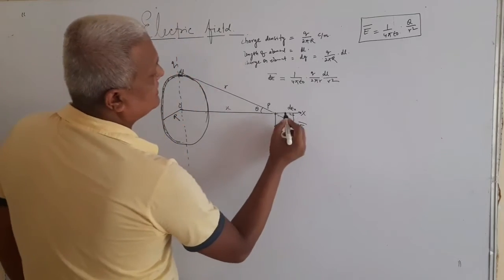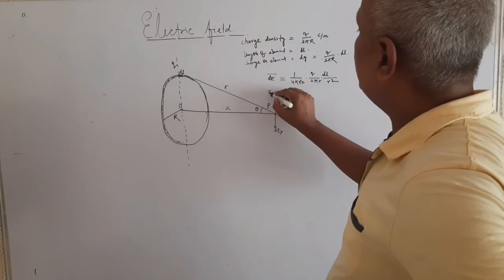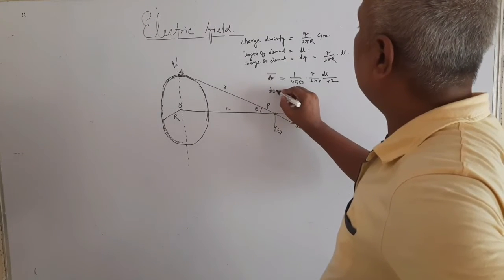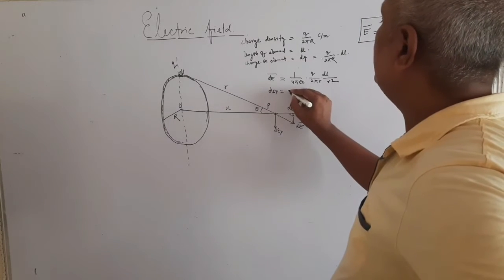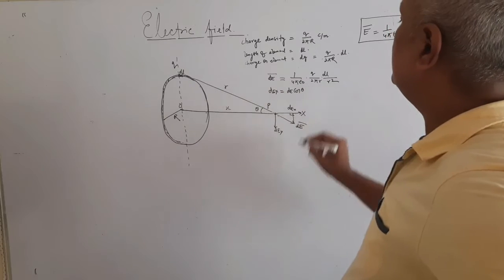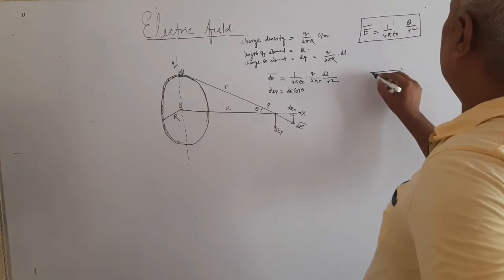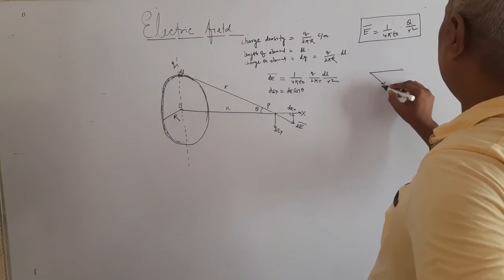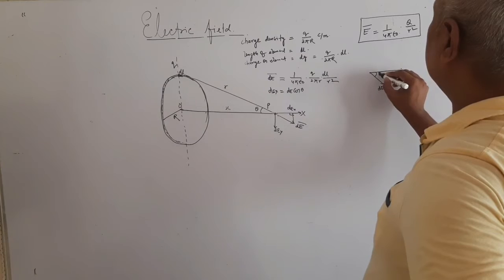Suppose this angle is theta, then what will be the value of dEx if you drop a tiny perpendicular here? The electric field component in the direction of the x-axis will be dE cos theta. How? Just see that this is your dE, and this angle is theta.